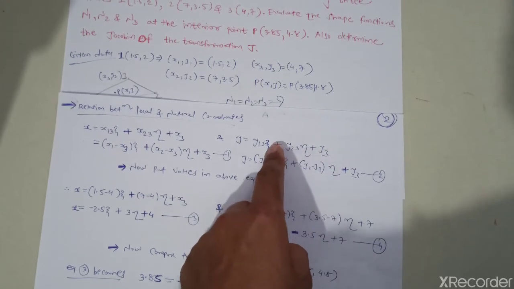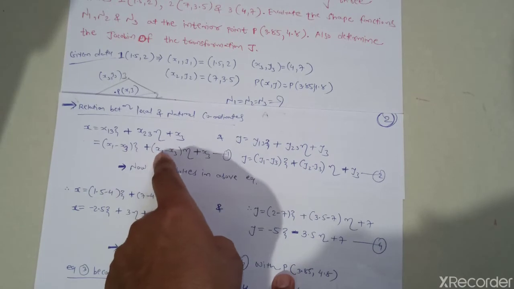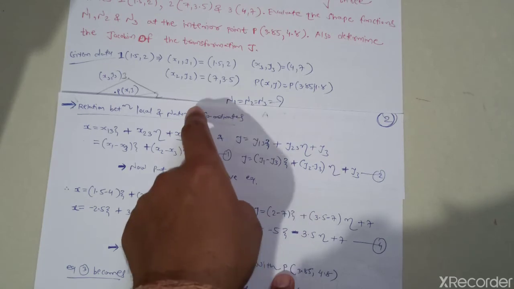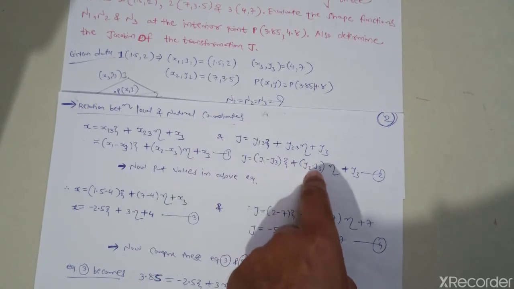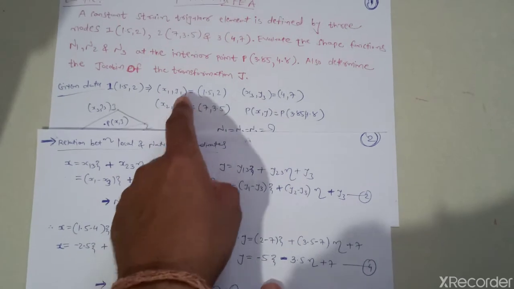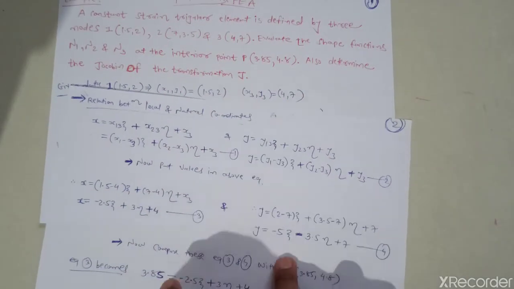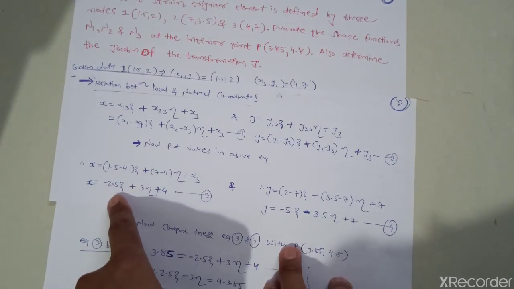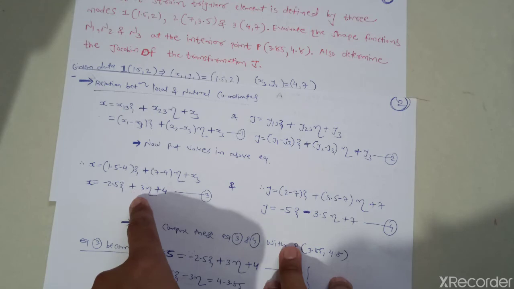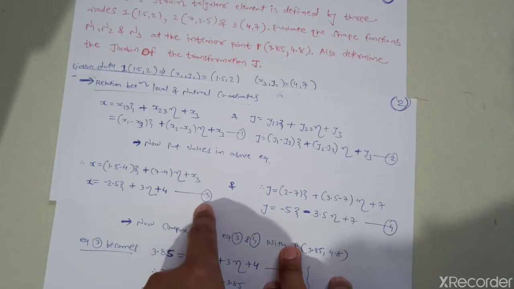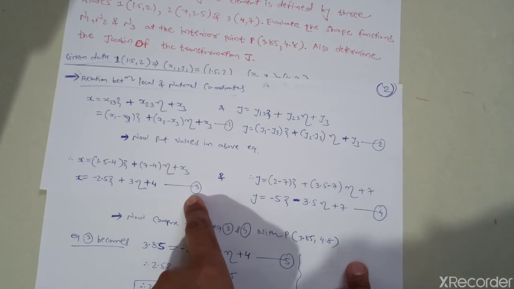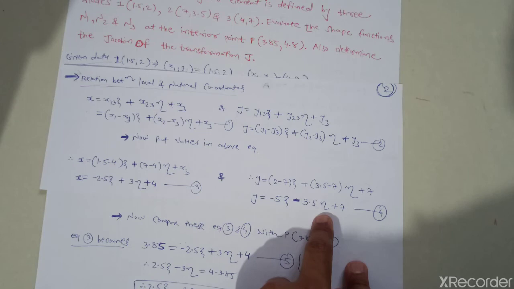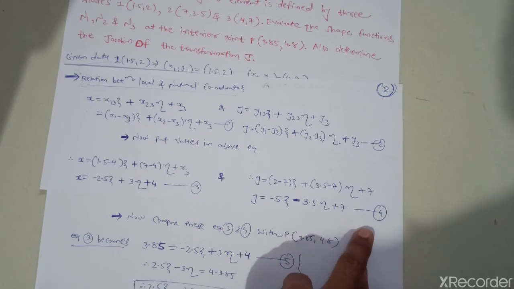Now we put the x1, x2 and x3 values and the y1, y2 and y3 values in these equations. Then we get x is equal to minus 2.5 zeta plus 3 eta plus 4. This is our equation 3. And y is equal to minus 5 zeta minus 3.5 eta plus 7. This is our equation number 4.